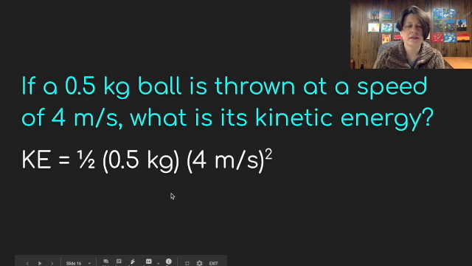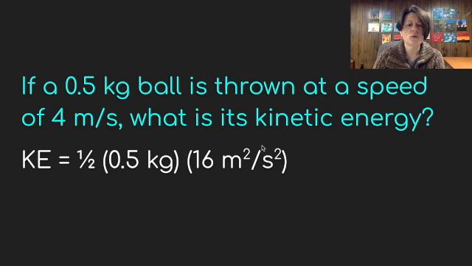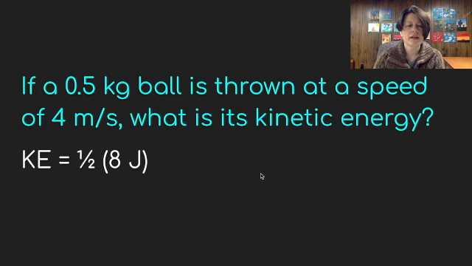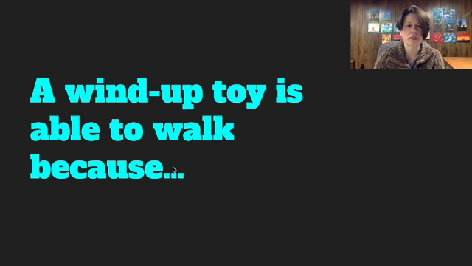And then we fill in the numbers. So we put in 1/2 kilogram for the mass and 4 meters per second for the velocity or the speed. Now don't forget we have to square this, so that becomes 16 meters squared per second squared. Then we multiply what's in parentheses, and that becomes 8 joules, and then we have to divide that by 2. So the answer is 4 joules. Remember, joules for energy, just like for work.